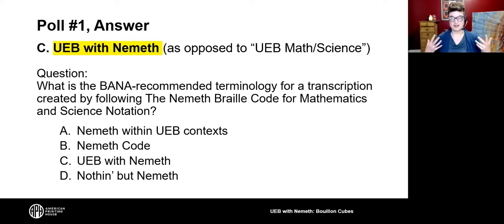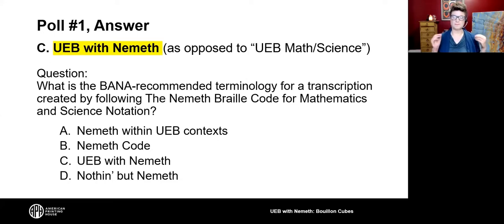If we just call it a Nemeth Code transcription, then it's unclear whether that's maybe involving EBAE, which would be pretty out of date at this point since the US adopted UEB in 2016. The phrase UEB with Nemeth is also designed to be short and sweet, so you don't have to read a big long phrase in order to know what code combination you're dealing with.